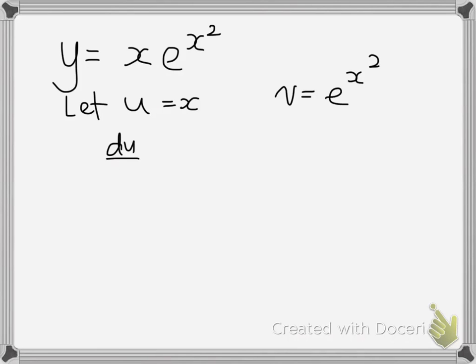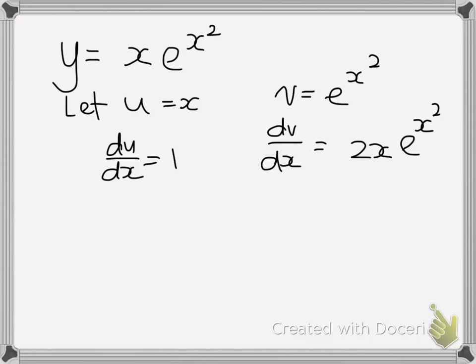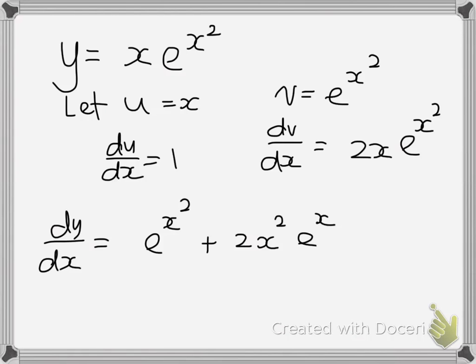What is du dx? 1. What is dv dx? e to the power x squared, and then 2x. Then what is dy dx? It's v du dx, which is e to the power x squared, and then you add 2x squared e to the power x squared, and you see that e to the power x squared is a common factor.